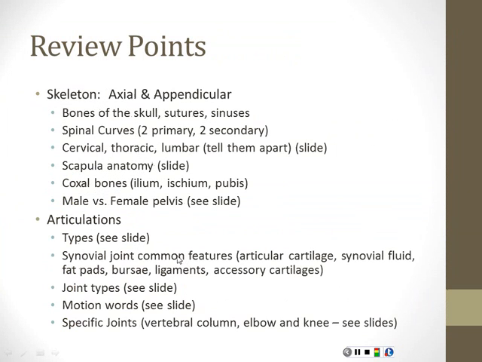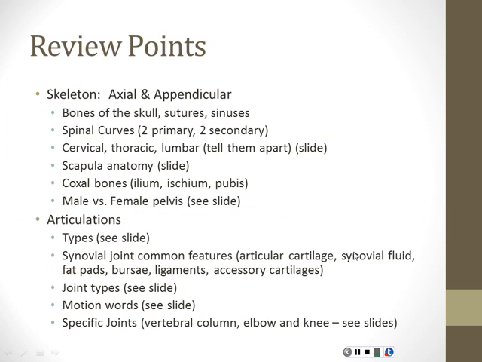All right. We spent the first part of that chapter talking about common features in joints. So the articular cartilage, remember, covers the ends of the bones. It's slick and smooth, and it allows the bones to very smoothly rub across each other or move next to each other. The synovial fluid is a thick kind of oily fluid that's found inside the joint.